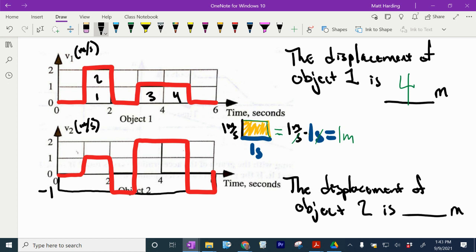All right, let's just throw up this answer. So, what do you think the displacement of object 2 is?